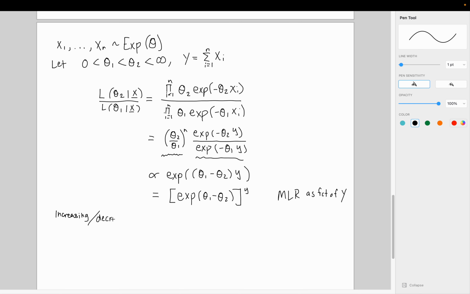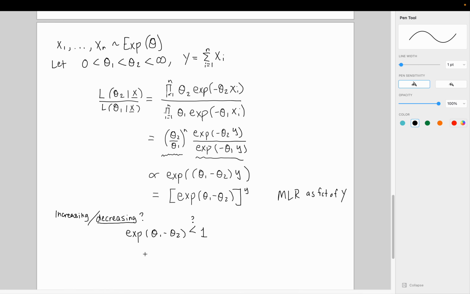Now, some of you may be able to tell this right away, but it's sometimes easy to slow down a little bit and do a quick gut check. I'm specifically going to check if it's decreasing. If it's decreasing, then the value inside the square brackets, e to the power of theta 1 minus theta 2, would be less than 1. And I don't know if this is the case, so I'm going to put a little question mark.